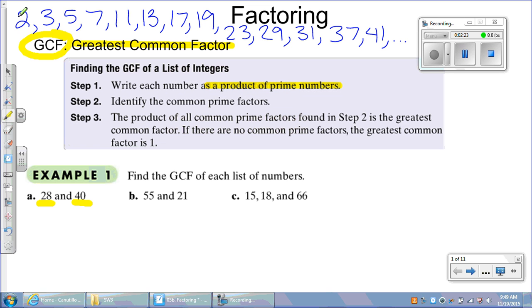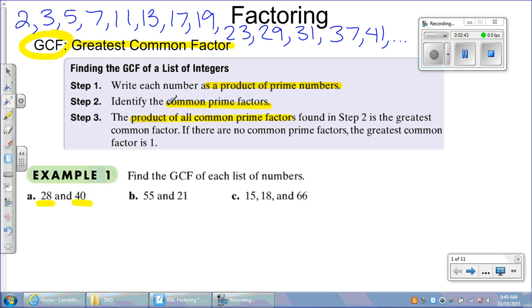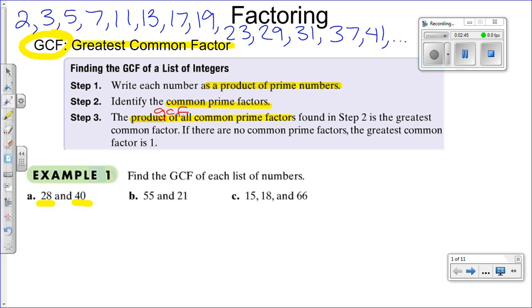That will be step 2: the common prime factors. And step 3 will be to write the product of all common prime factors found in step 2. That is the greatest common factor. So the product of all common prime factors will be the GCF, the greatest common factor.